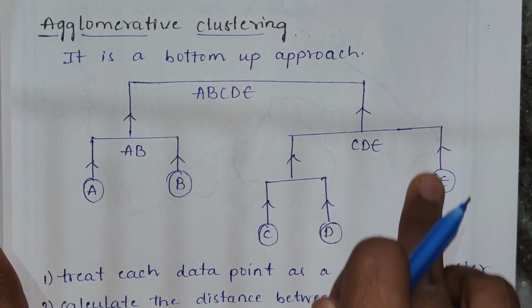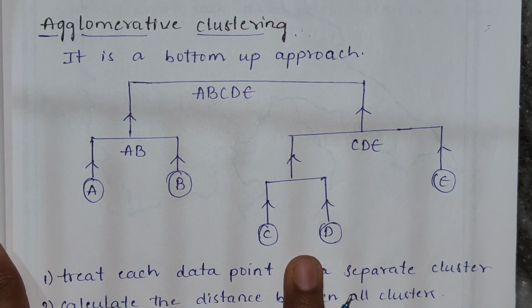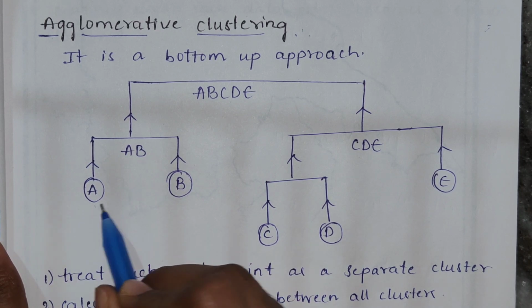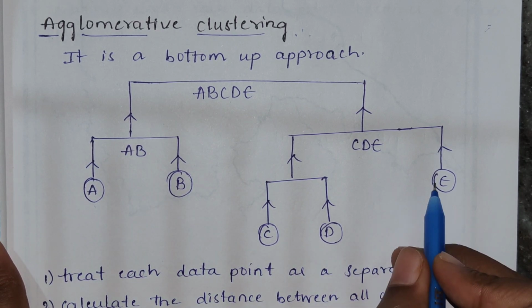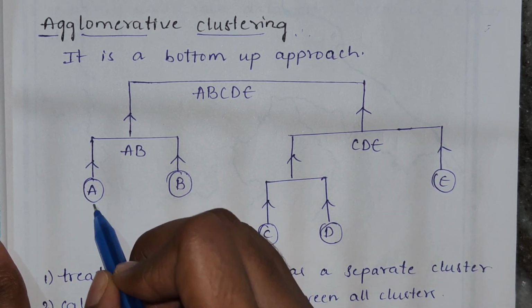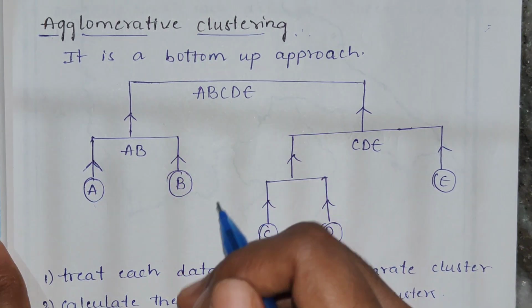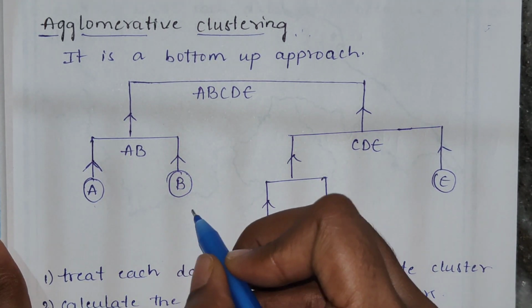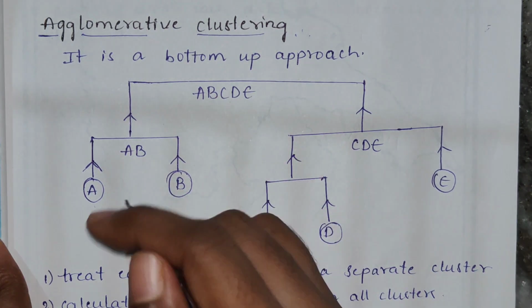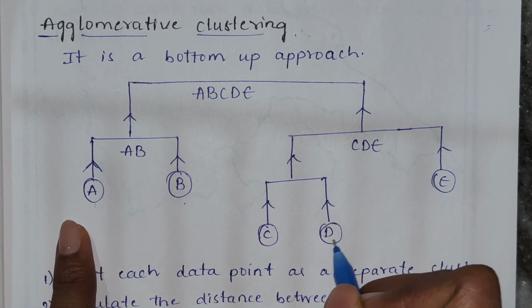See, in this diagram we will understand agglomerative clustering. Here we first started with individual data points, and see here the arrow mark is facing upwards, which shows the bottom-up approach. First we have different data points.